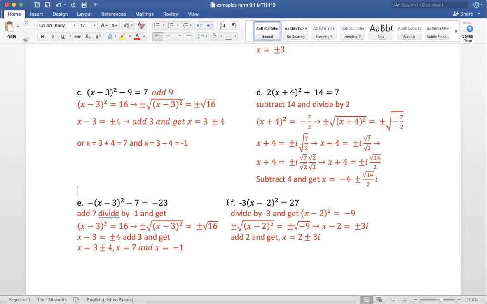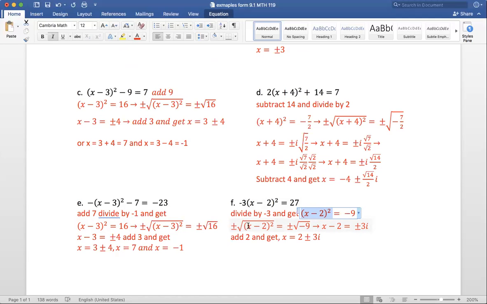And lastly, for F, there's nothing being added here to the quantity squared, so we'll just divide both sides by minus 3. So that gives us x minus 2, quantity squared equals minus 9. Remember, when you have that quantity squared, or any square equaling a negative, there's going to be an i involved. And in fact, we'll get that i in a couple of minutes.